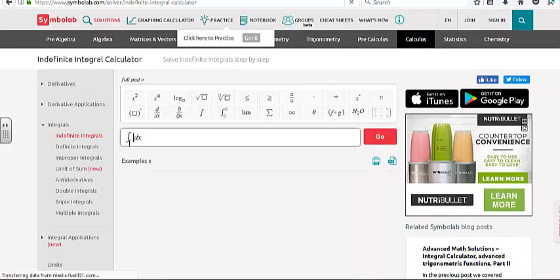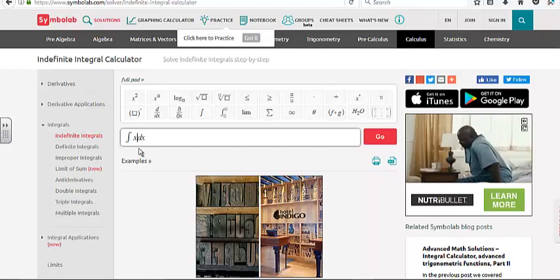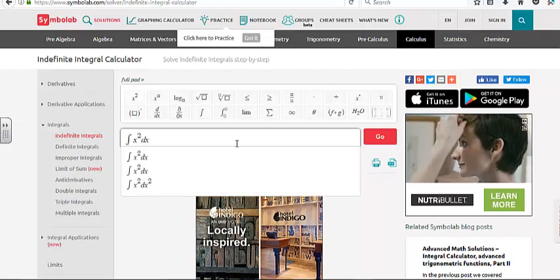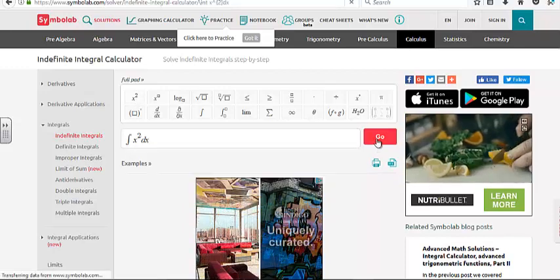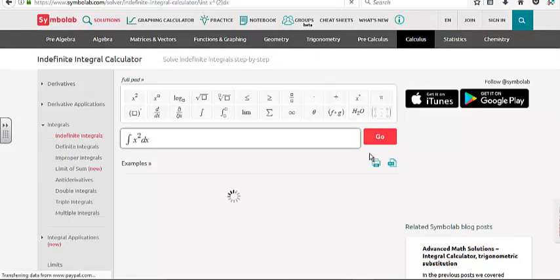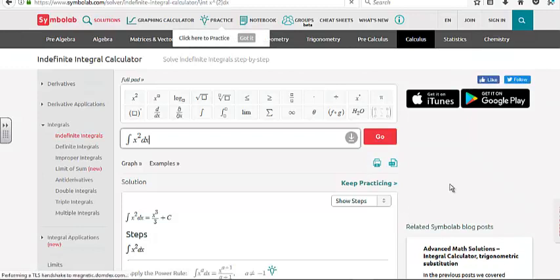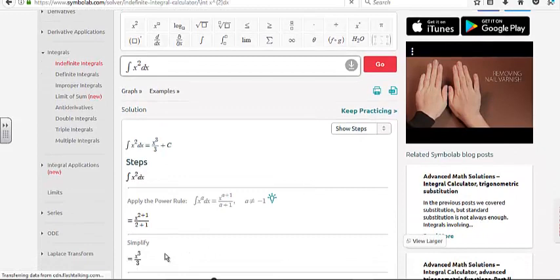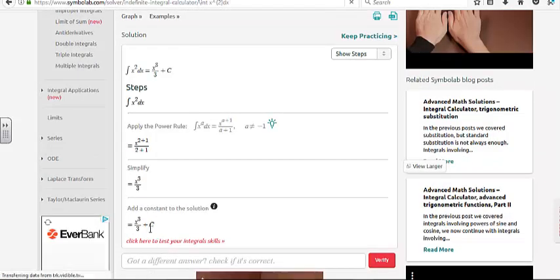So you see an integral sign. If I want to do the integral of x squared like that, and I say go, it shows you how to do the integral. And the answer's here, x cubed over 3 plus c. And it shows you the steps.